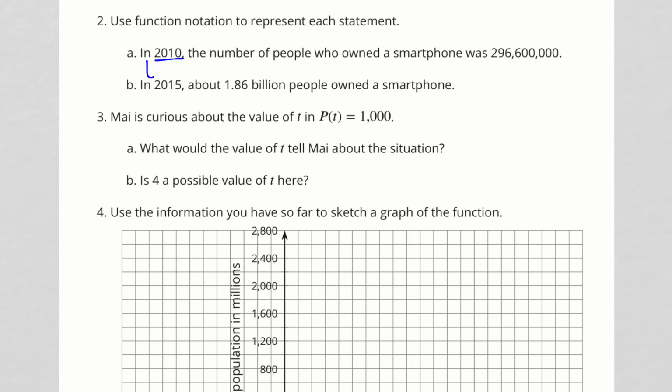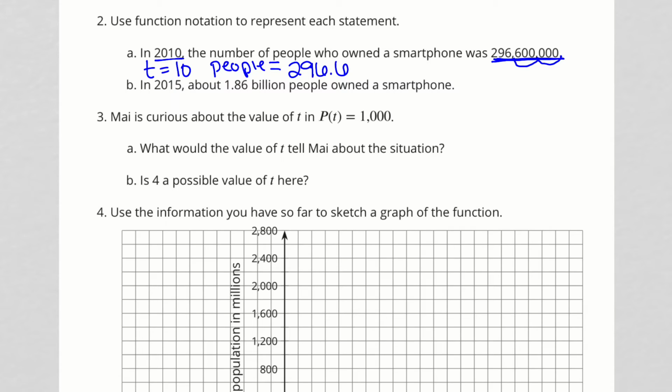So T equals 10. The number of people that own a smartphone was this. What is this number in billions? If I take away 6 decimal places, we're going to go all the way over to here. So we want our total number of people to equal 296.6.